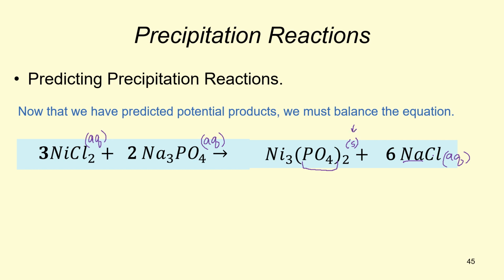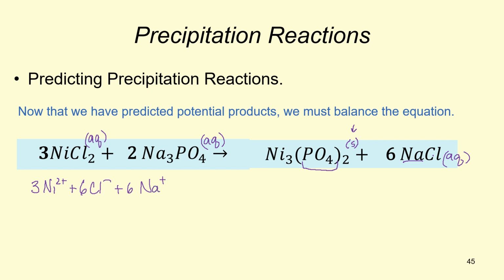And now we do what we were doing before, and we're just going to write everything. So to get the ionic equation, we just write everything that is soluble as the separate ions. And don't forget your coefficient. So this is 3 nickel. 3 times 2 is 6 chlorides. 2 times 3 is 6 sodiums.